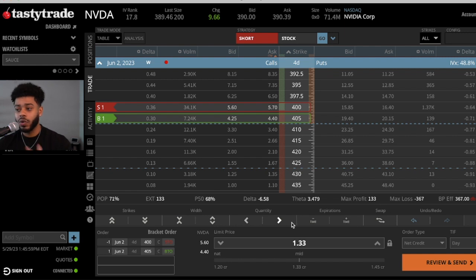So if I were to up this to two contracts, my max loss would then be $266, and so on and so forth. But again, buying that extra call hedges the position, and you can still see we have a pretty high probability of profit on the trade, all else equal.